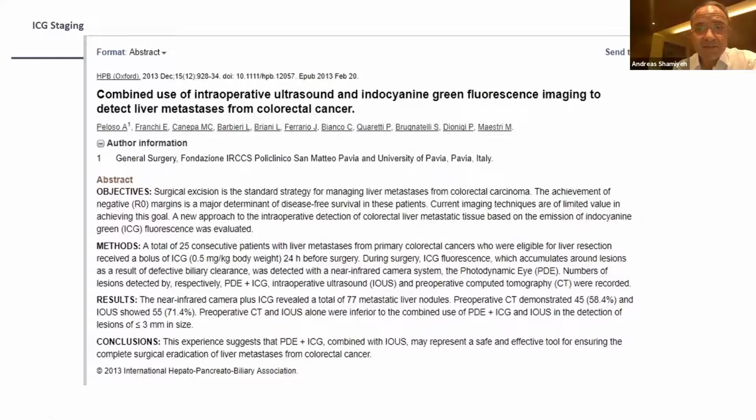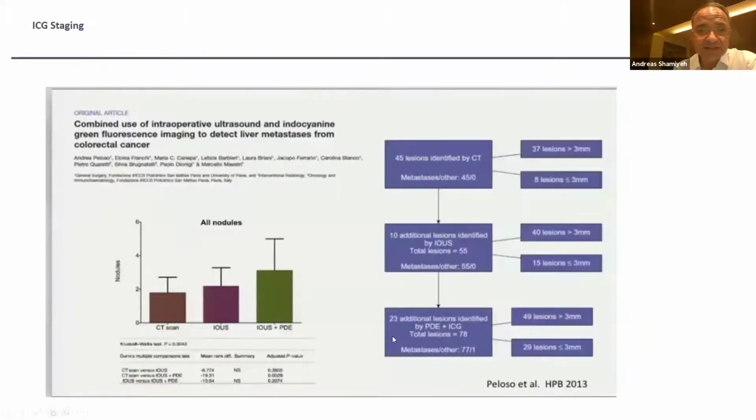Finally, another paper on liver metastasis from colorectal cancer. I just go on the slides. In that paper, they could identify in the group 45 lesions suspected for metastasis by CT scan. And out of this group, they additionally found 10 by use of intraoperative ultrasound.